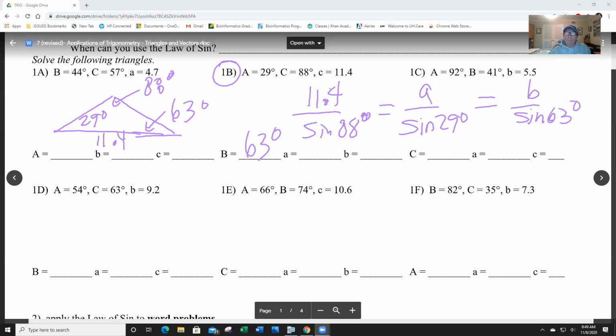And again, just do them one by one, cross multiply, and then divide. And then A comes out 5.53, and B comes out 10.164. So 5.53 and 10.164. Okay, so let's go to C.